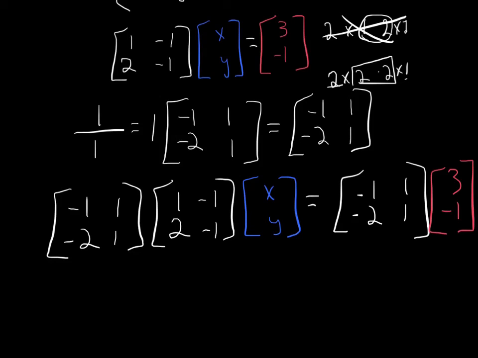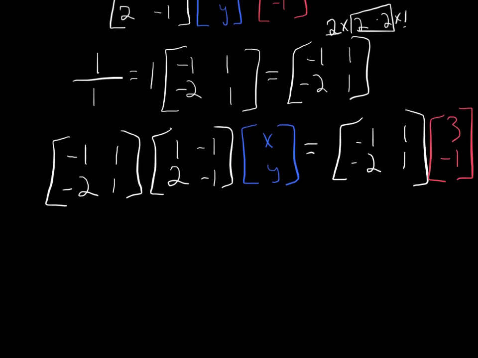All right, now let's do the multiplication. So I'm going to come over here first, do these together first. And I'm going to go ahead and do it rather quickly, so try to stay with me. If you need to pause it and get stuff written down, write your notes, that's fine. We're going to take this times this plus this times this. So negative 1 times 1 is negative 1 plus 1 times 2 is 2. So negative 1 plus 2, 1. Go to the second column. Negative 1 times negative 1 is 1 plus negative 1.